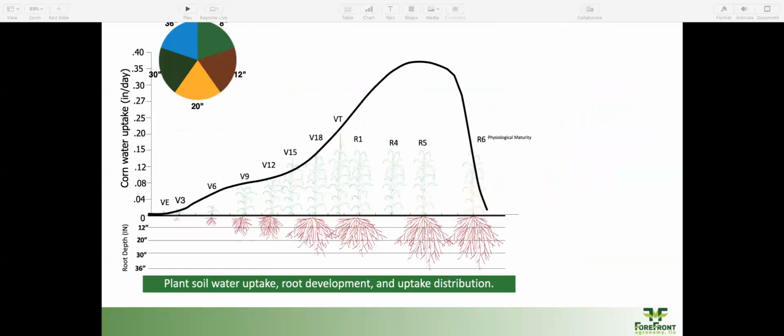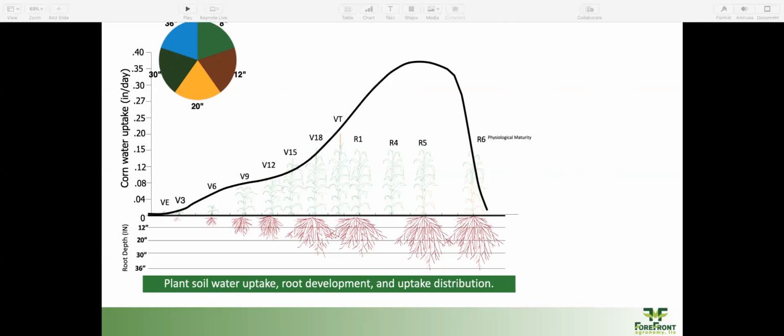Many of you have probably already seen this graph, but I felt like it was very important to put back up there and give you an idea of crop water needs for the particular crop that you're growing. And really it's no different for any crop that we're growing out here, whether it be cotton or corn or wheat. That plant starts off really small, has a really small root system, and is really not using very much moisture.